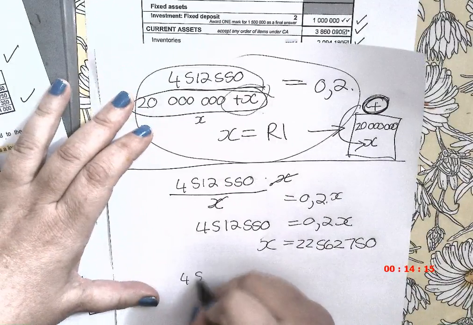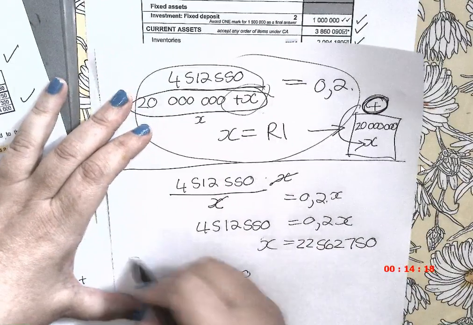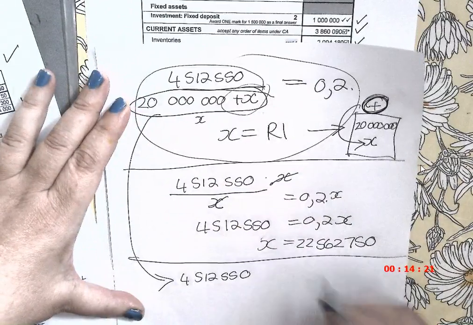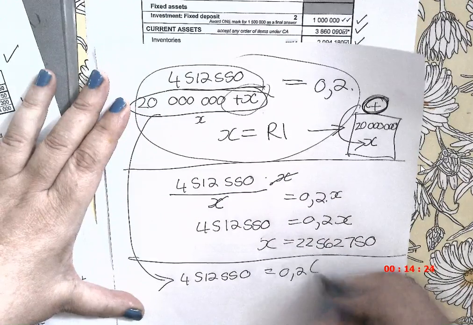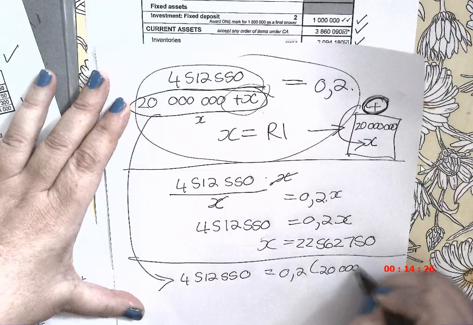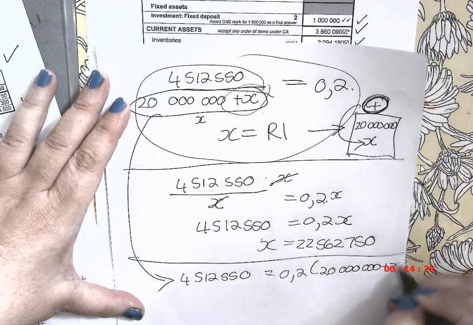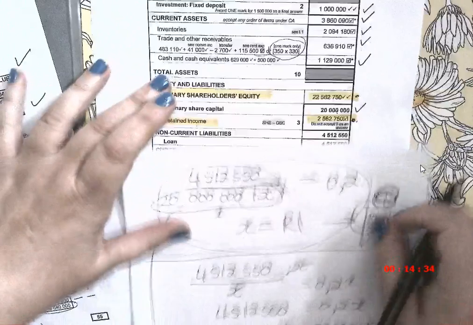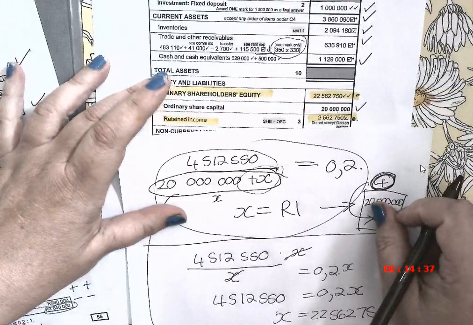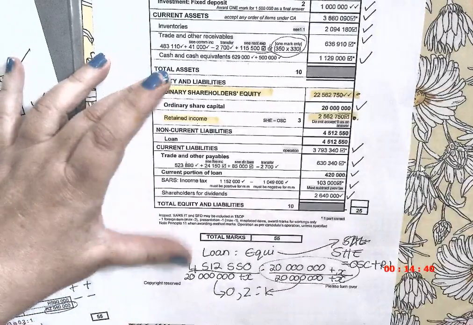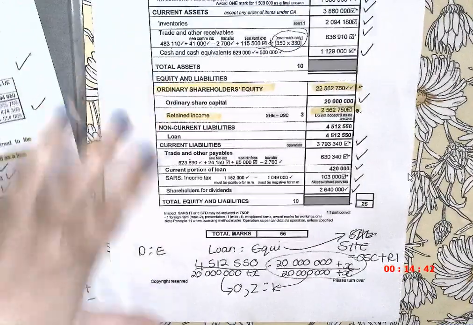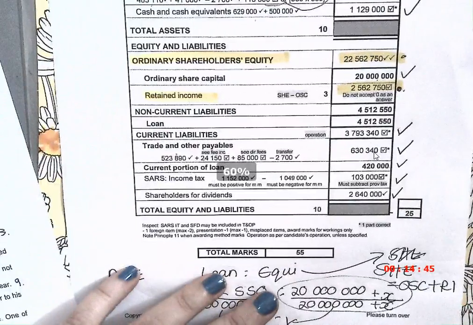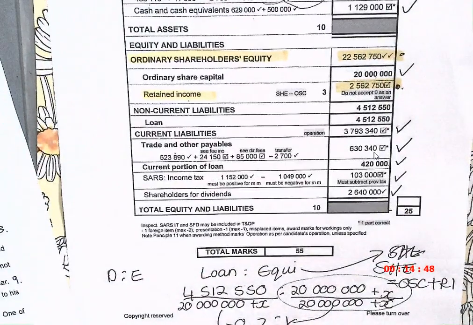It's just going to be 4512550, if I continue here, equals 0.2 times 20,000,000 plus X. And then I solve this X, and this X would then equal the retained income, the 2560, and then you just block on top there. Okay. Everybody sharp. But as you can see with the marking, they assume that you do the shorter, easier route, where you literally get the total first, the shareholders' equity. Is everybody sharp? I hope so.